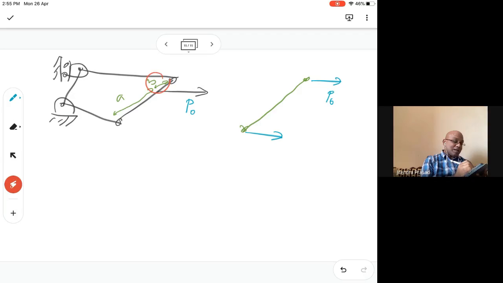Since this is closer to this point, B is smaller than A, this should get higher reaction, right? Higher force distribution.